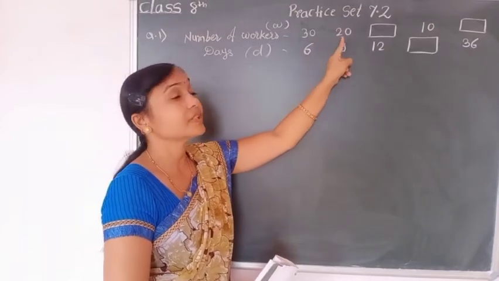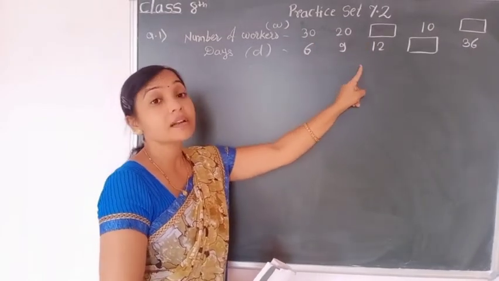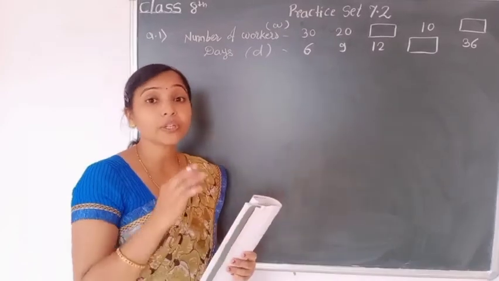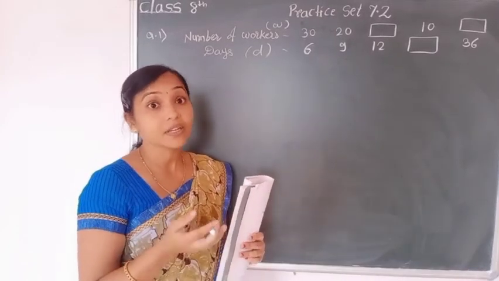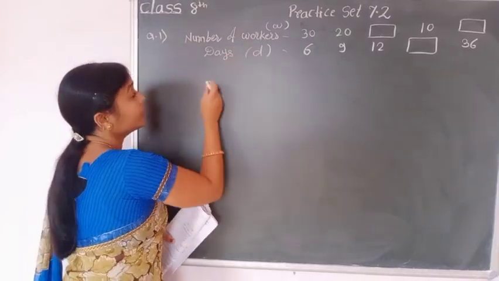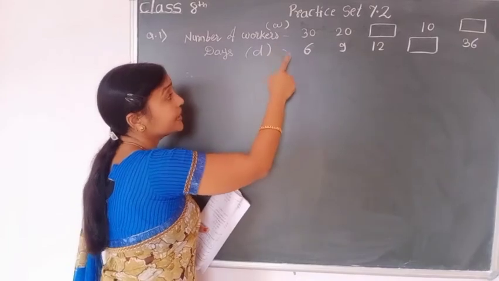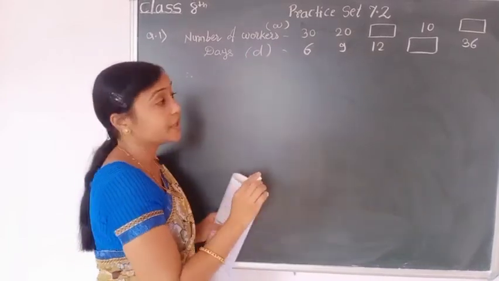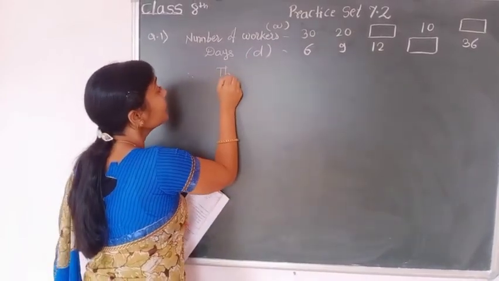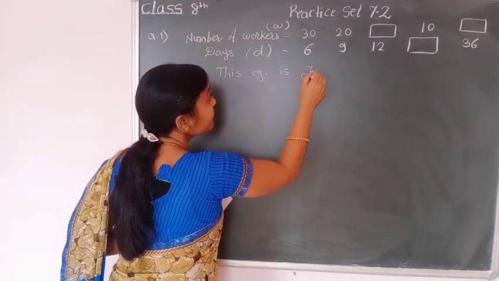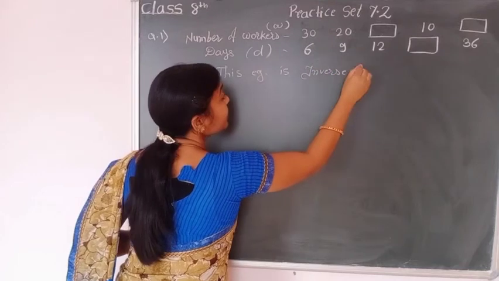When the number of workers decreases, the number of days increases, and when workers increase, days decrease. It means one quantity decreases and one quantity increases. Here both are different. So we know whenever one increases and the other decreases, that is the example of inverse variation. So we first write down that this example is inverse variation.